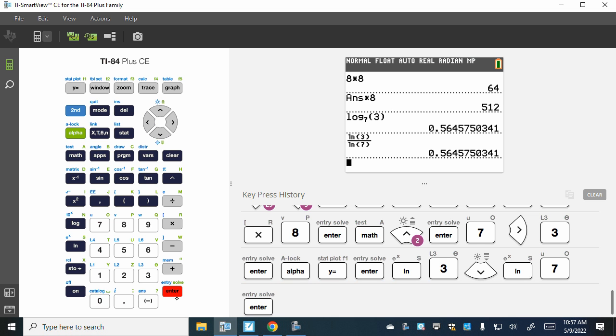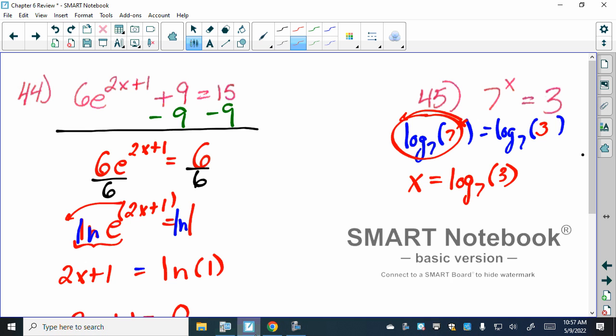So either way works. 0.565. It just works out using log base 7s a little bit quicker. But especially when I was in college, I would use the LNs because it seemed like an easier method. But it will get you to the same answer.